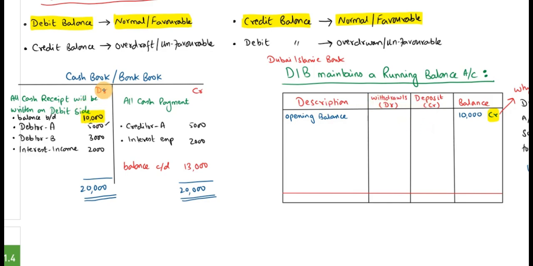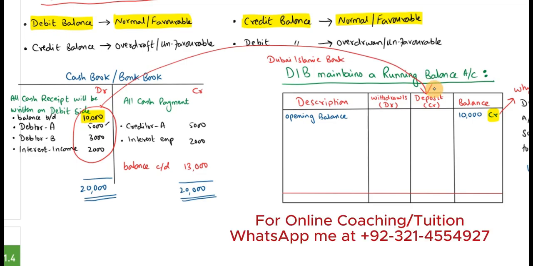Well done, because every debit amount will be written on the credit side of the bank account. So this is the main rule. You can post blindly without bothering about any concept.